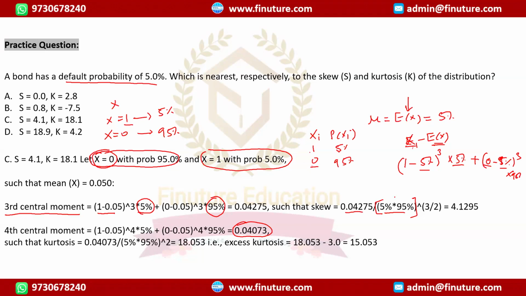Can you tell me what was the variance of the binomial distribution? What is the variance of the binomial distribution?